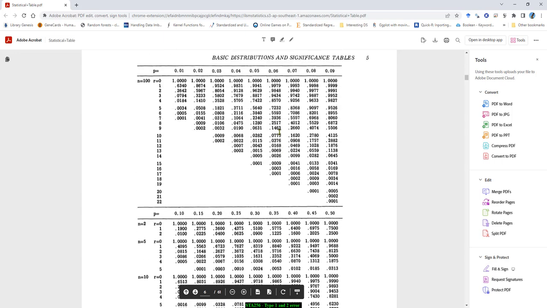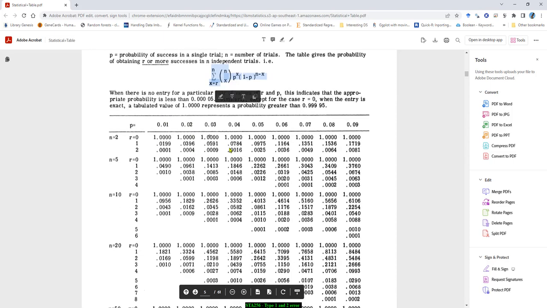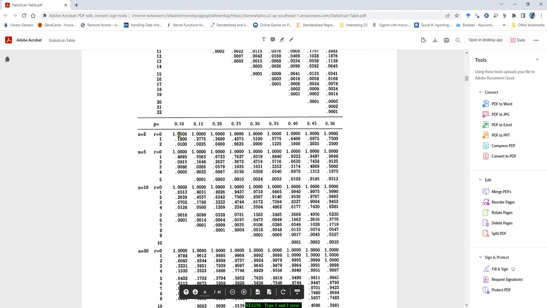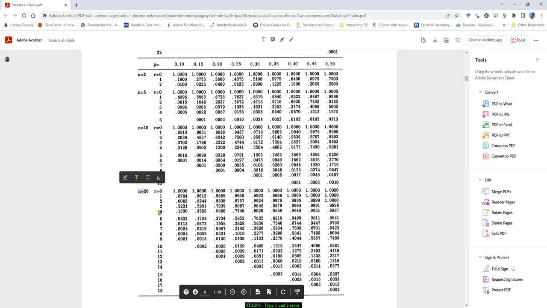And the probability must also be reversed. From 20, the balance would be from 6 upwards. So R should be 6 or more, N should be 20, and 0.1 here, this is 0.1, and R should be 6 or more, which is 0.0113. Okay, can you understand?